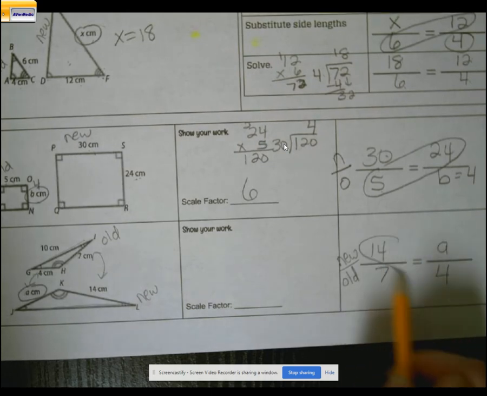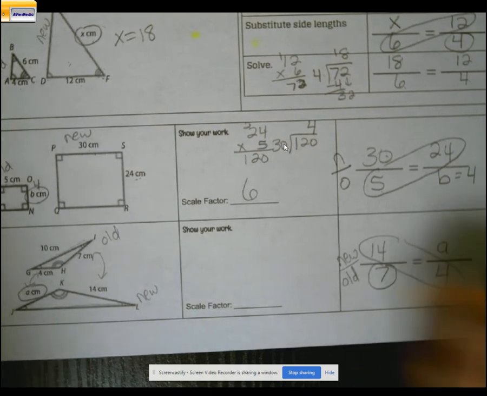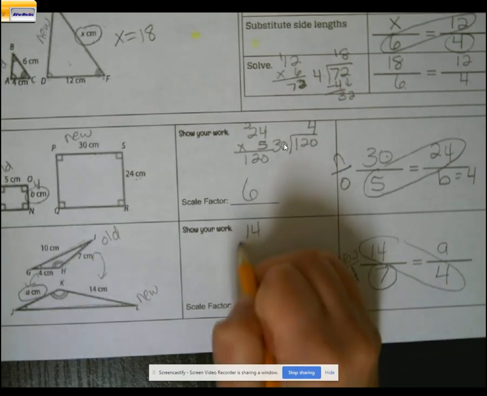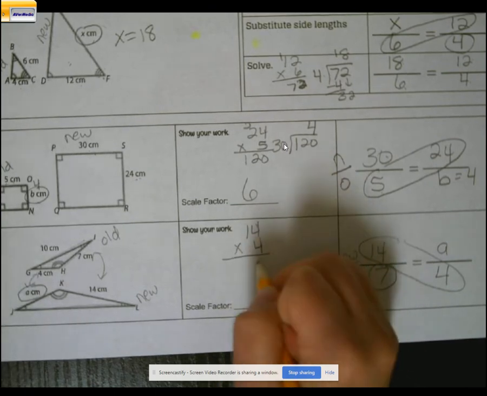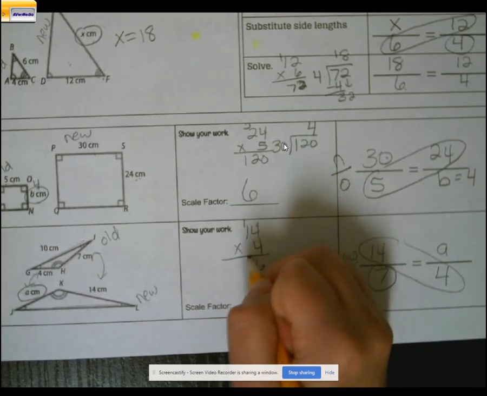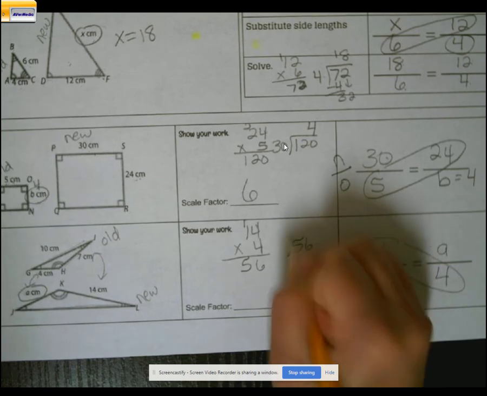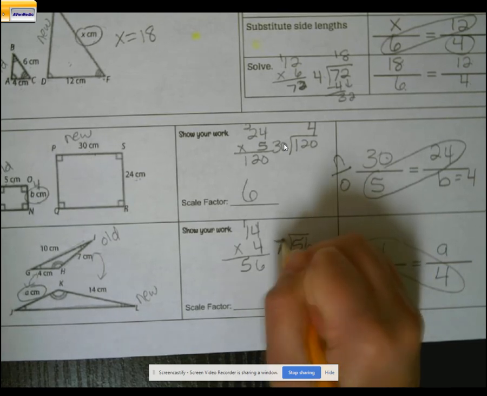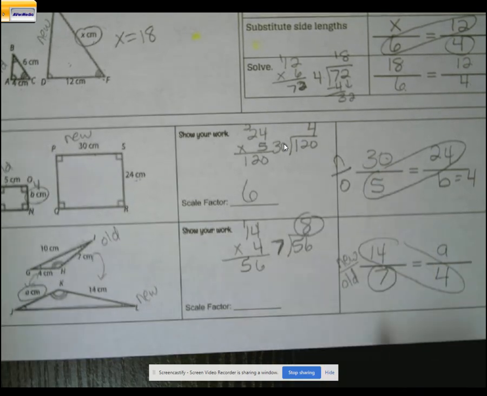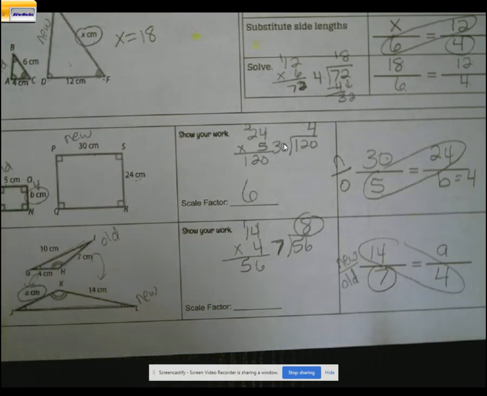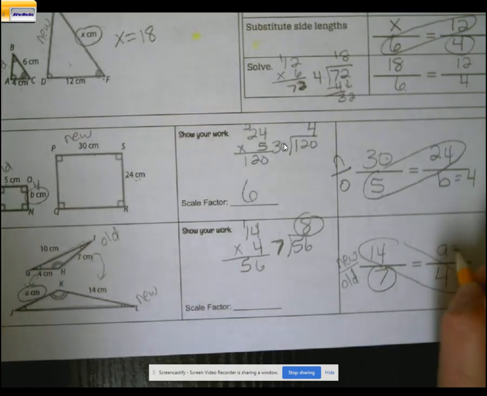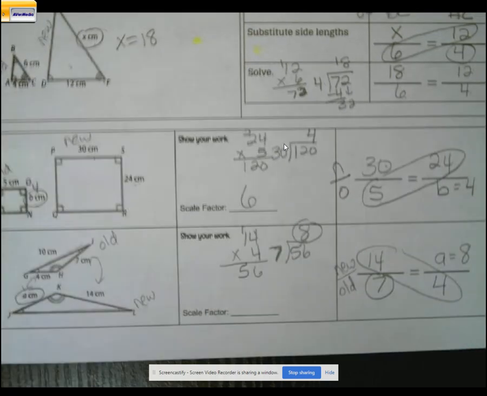So 14 times 4 divided by 7, and I get 8. So A is equal to 8.